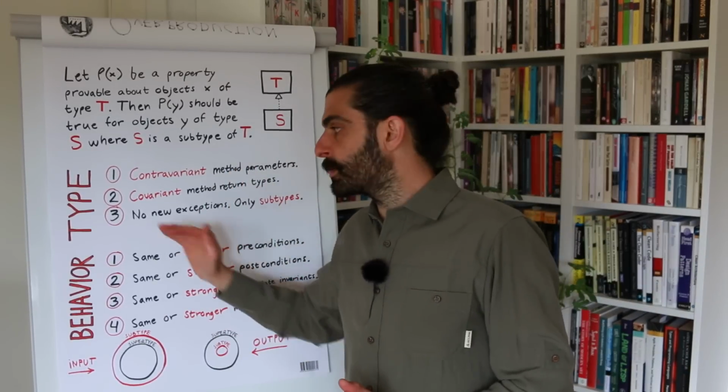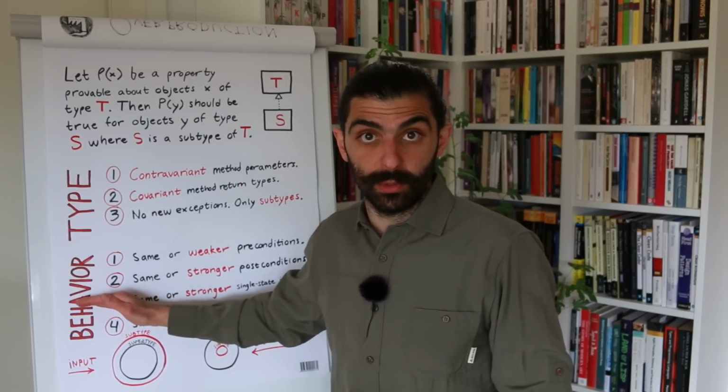Let's unwrap this terminology. The preconditions of a method define what must be true before the method can be called. For example, a method that takes an integer might require that we pass it a positive integer or a non-negative integer. And this is a good time to pause and reflect on the difference between the type rules and the behavioral rules.